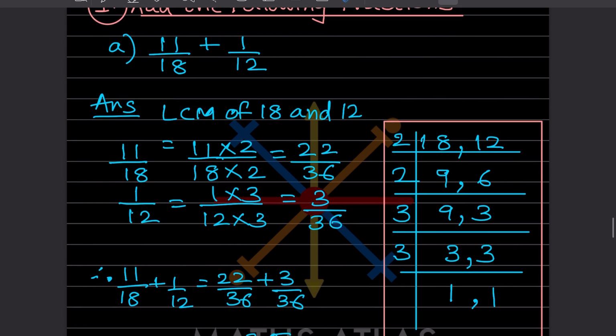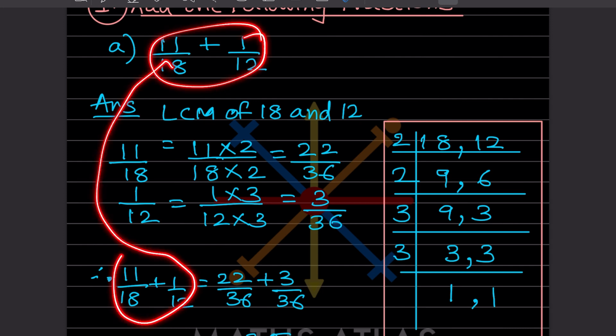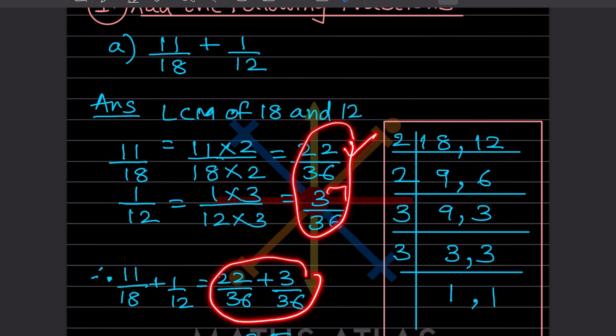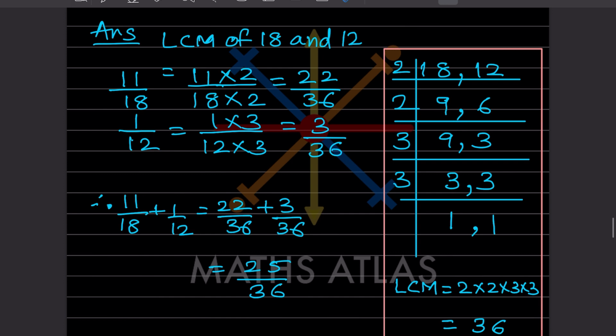Now look here, they have told you to add. So you got these 2 fractions, isn't it? You are going to add them: 22 by 36 plus 3 by 36. Why do you write this? Because now you can see the denominators are the same. Whenever you are adding and the denominators are the same, you write it only once and you add the numerators.